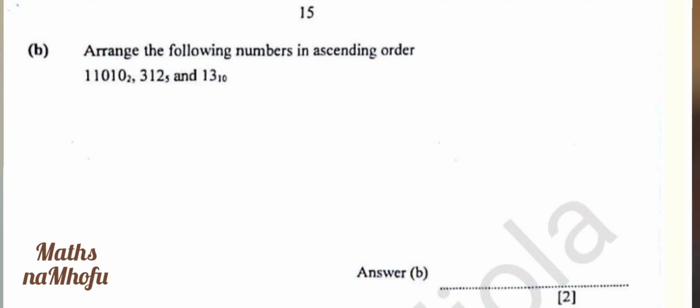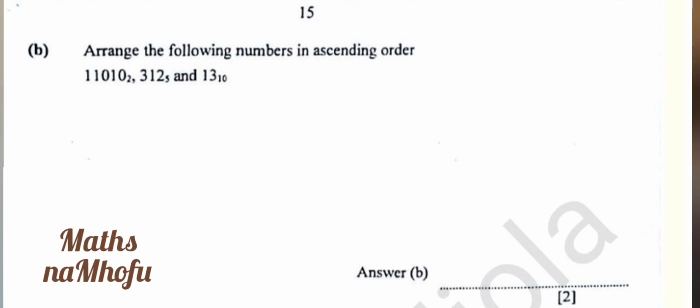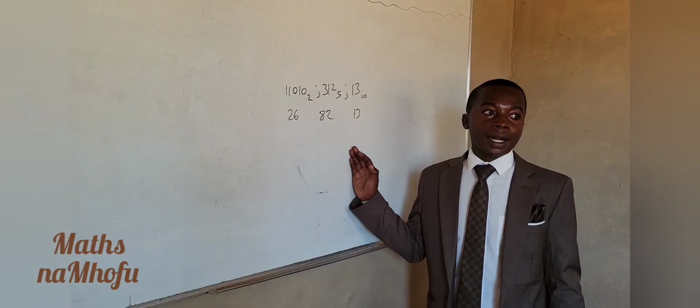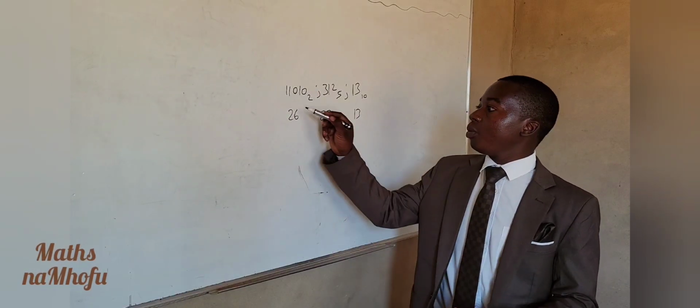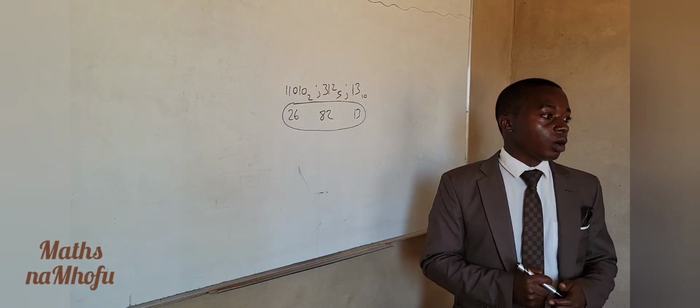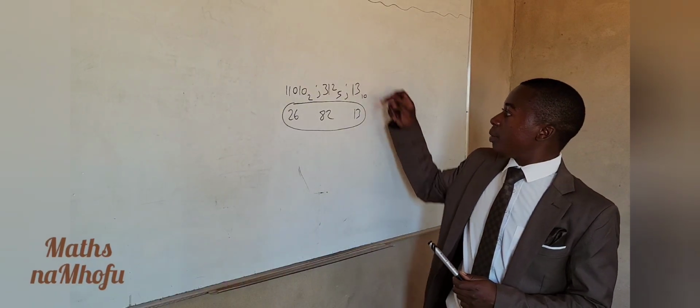Now let's arrange them. We are asked to arrange them in ascending order, so we start from the smaller one. But you don't write them with their numerical values. You write them as they are.